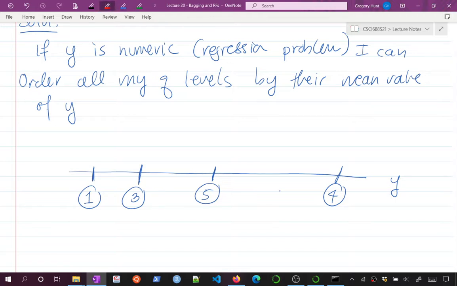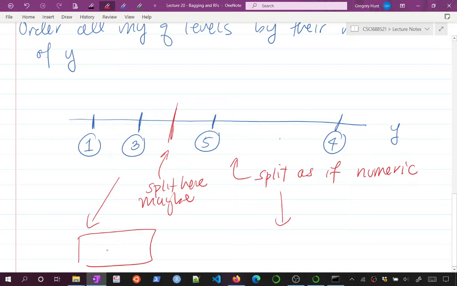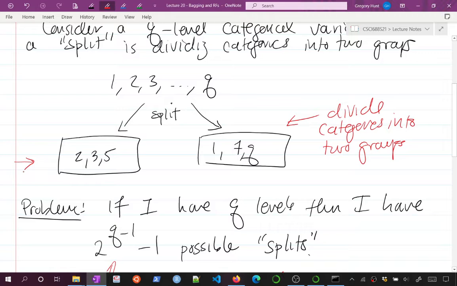All right, so you can put these all on a number line, and then we could basically just split this as if it's numeric. So maybe I make my split here, maybe this is the best place to split things. And if I split here, this would correspond to a split where the levels 1 and 3 go into one box, and the levels 5 and 4 go into the other box, right? So this would be an example of a split of my categories.